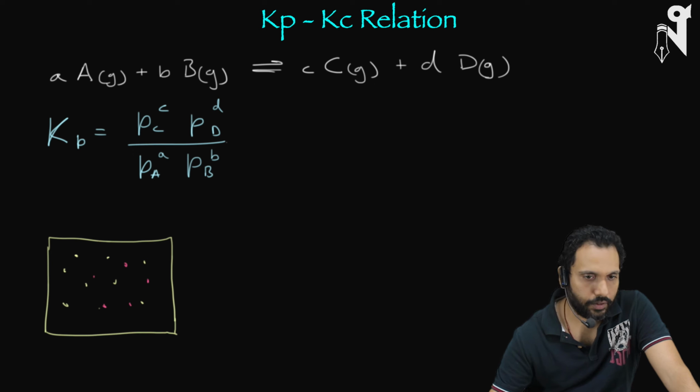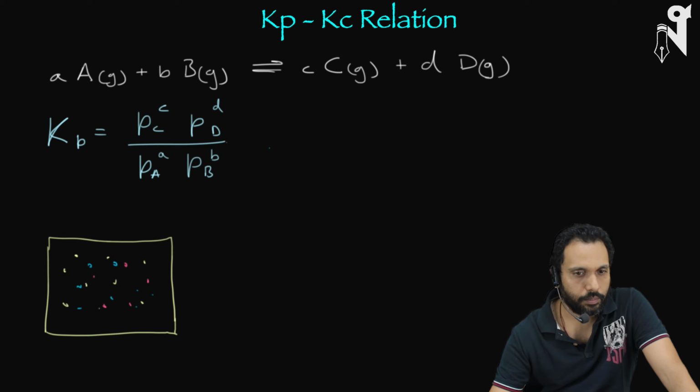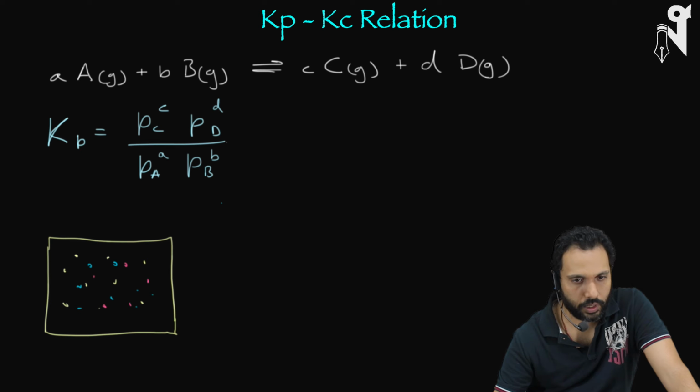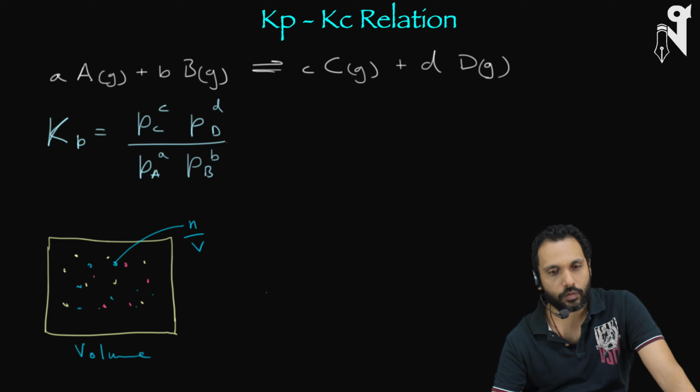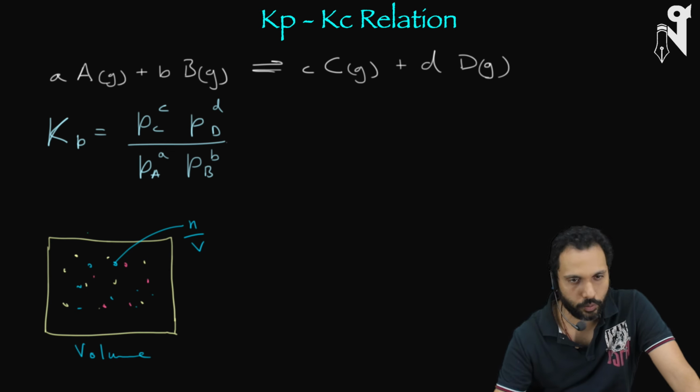They are reacting and forming back, and they have stabilized to a certain value, and their partial pressures are what has been reported. But then somebody says, I don't want to report the partial pressure, I want to report the number of moles of one of the species divided by the volume it occupies. So volume would be the whole chamber volume, which is fixed, a constant. So this equilibrium is happening in a constant volume.